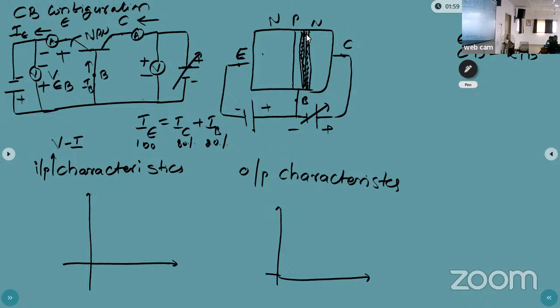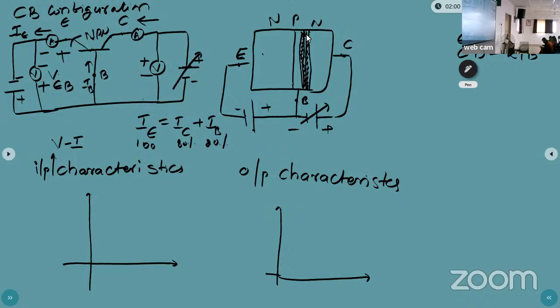Who is stronger, the base or the collector? The collector is heavily doped with respect to the base. More doping means we have more solutes, more charge carriers. If there are more, will they give us free space? No, they will not.